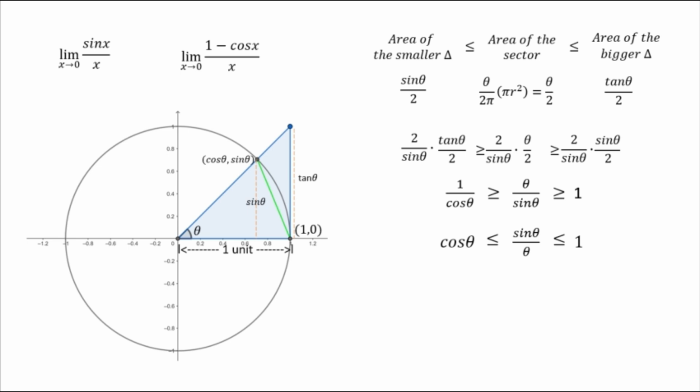And now, this is where the magic begins. As you can see, sine theta over theta is now sandwiched by cosine theta and 1: the cosine function and the constant function 1. When their limits are evaluated at 0, they will yield what?